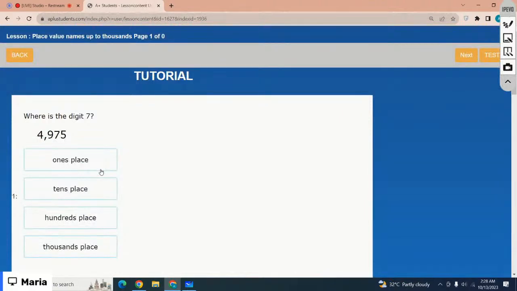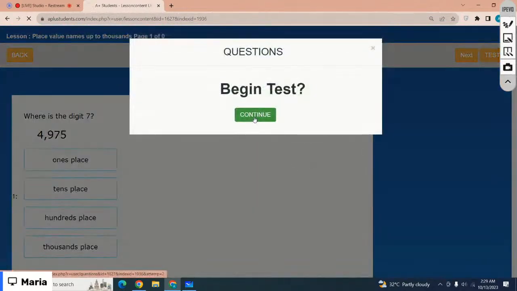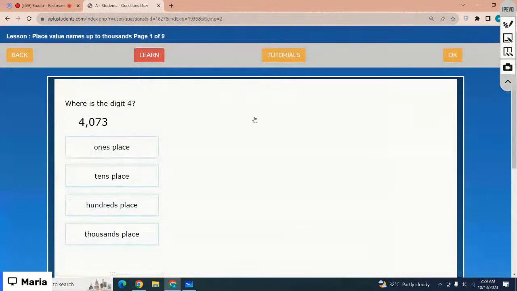Ones, tens, hundreds, and thousands. 7 is at the tens place. The correct option is tens, right? Let's just start with the test question that is exactly the same as what we just did, right? Where is the digit 4? Which is the correct option?